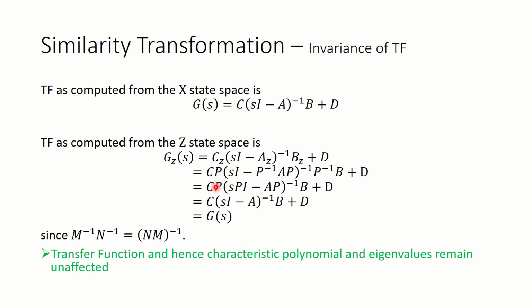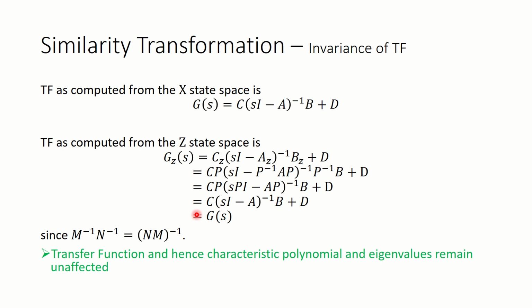Now this P is on the left hand side, we try to include it within the bracket, so it comes as P inverse from the right hand side. And when it comes as P inverse from the right hand side, this P inverse cancels out, only A remains, and here is also a P and a P inverse from the right hand side, that cancels out and only I remains. So this again looks the same as GS, you can see. So we have proved that GZS is equal to GS.